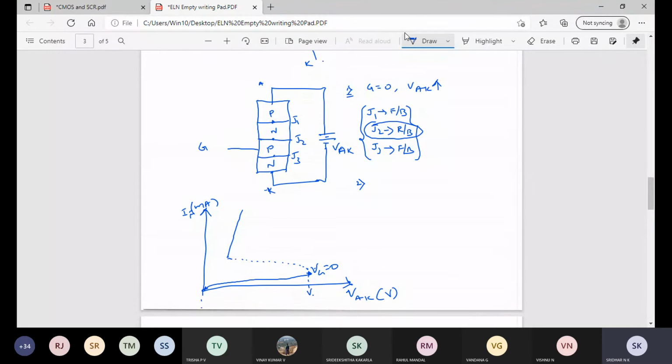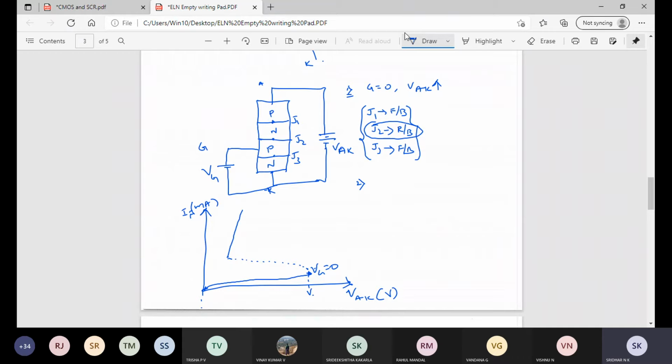For that, I'll apply a small positive voltage to the gate. If I apply a small positive voltage to the gate, this is Vg, what happens?